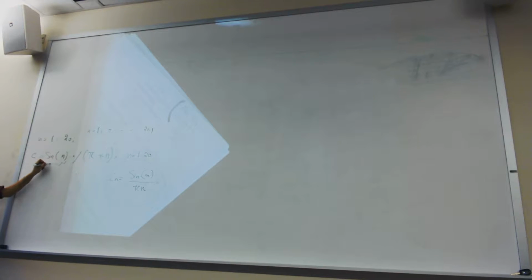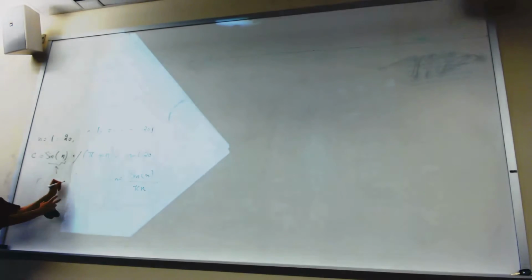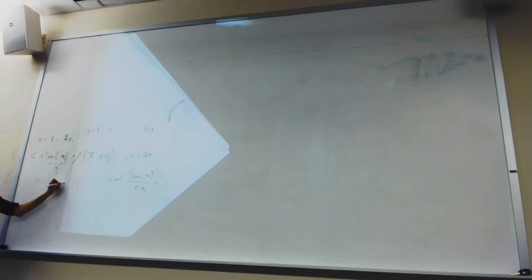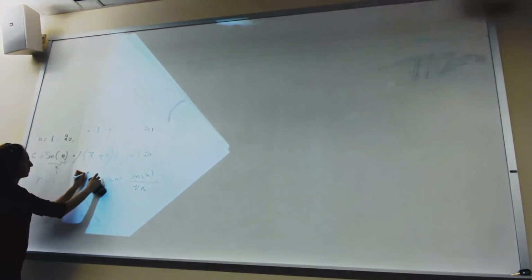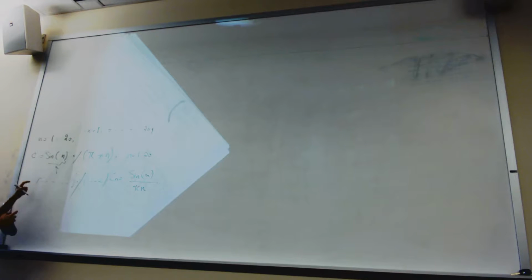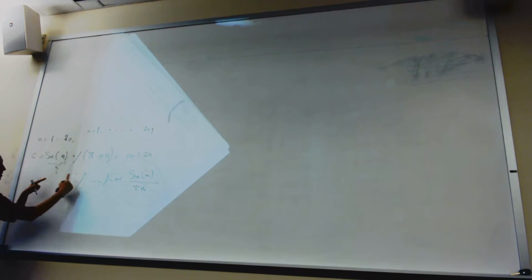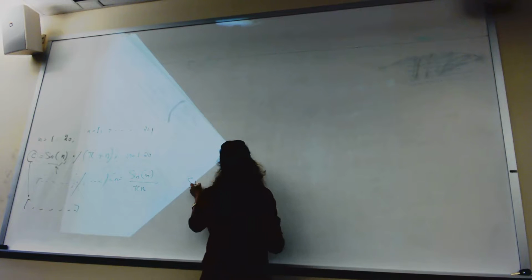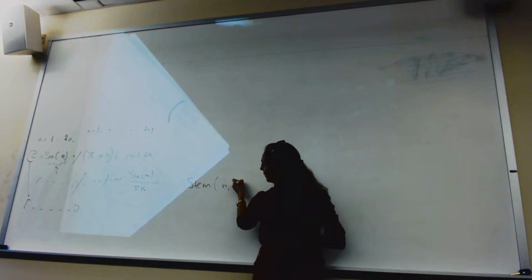And then when you apply sine of n, it's going to be another vector, and this is going to be another vector. Then you dot divide it, meaning that each element is divided correspondingly, and you will end up with another vector of size 20, which is exactly what you want. And then you can easily say stem of n and c.